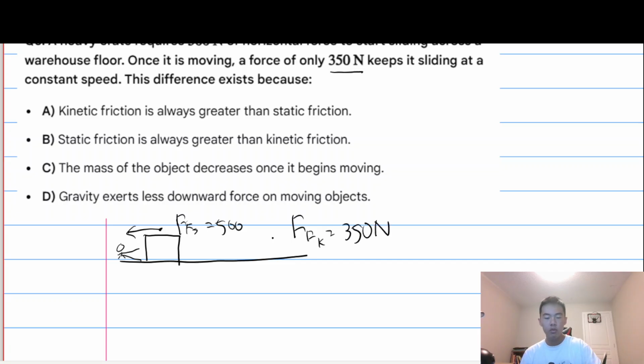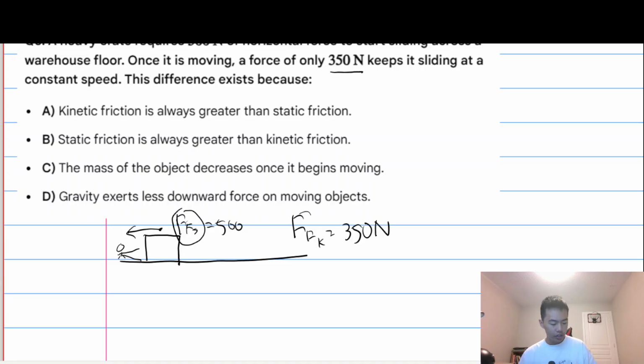Now, I just wrote this down because I didn't really need to write it down, but it's just to let you know that pretty much always the maximum static frictional force is greater than the kinetic frictional force.